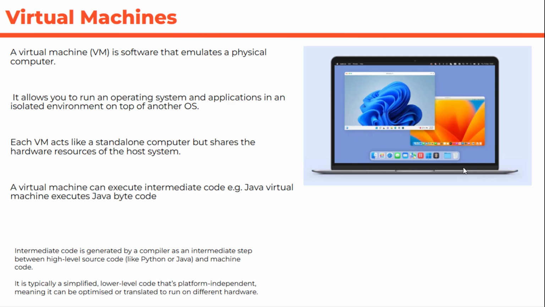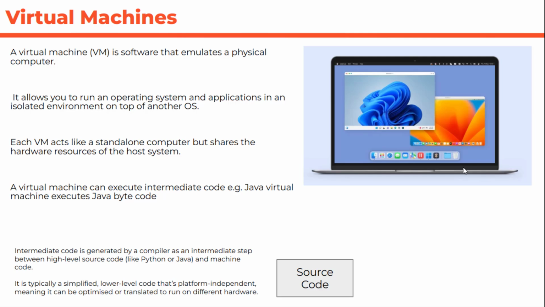And that computer has a compiler. And the compiler will create intermediate code as an intermediate step between a high-level source code like Python or Java and the machine code required to run on your machine or your architecture. So it's typically a simplified lower level code that's platform independent, meaning that it can be optimized or translated to run on different hardware. So let's break that down a little bit.